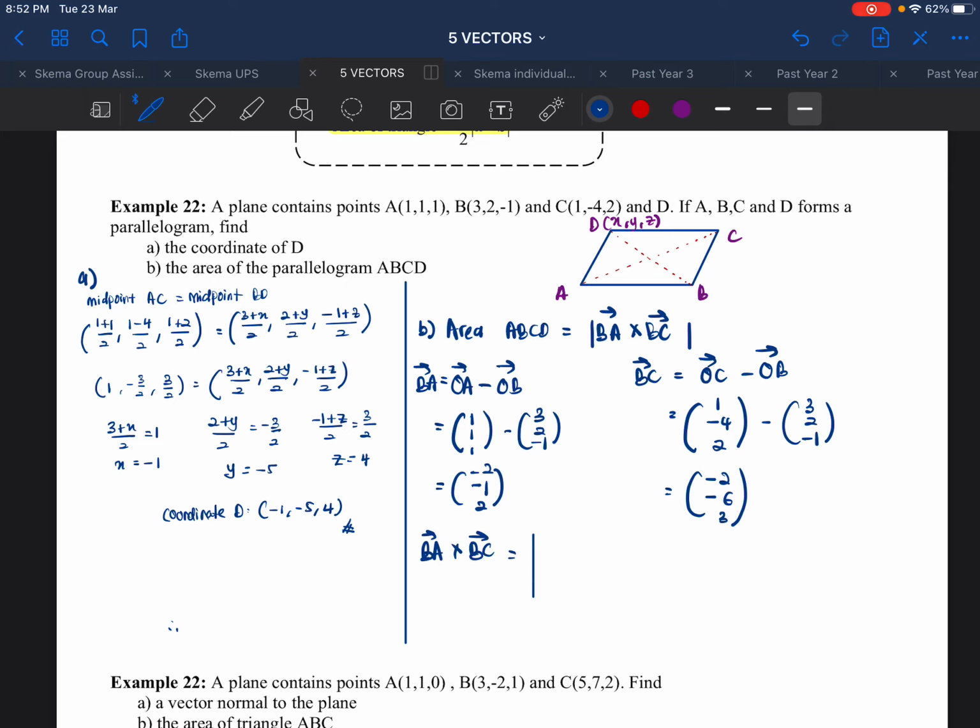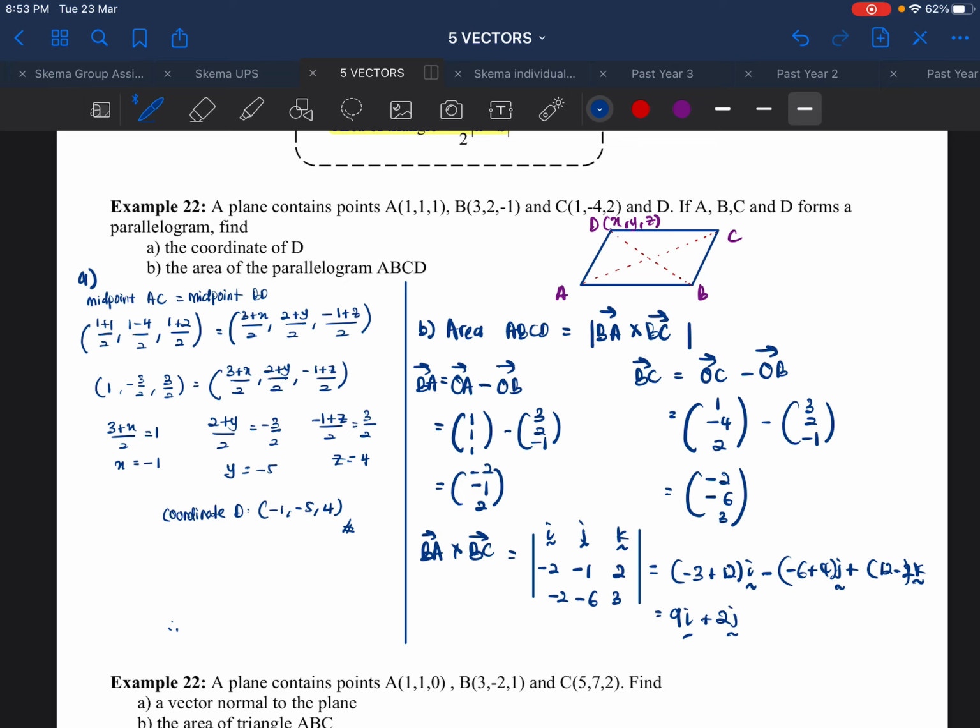We get, like what we did earlier, i, j, k. BA is (-2, -1, 2). BC is (-2, -6, 3). Calculating here, we get (-3 plus 12)i minus (-6 plus 4)j, and the last one, 12 minus 2, k. So you will get 9i minus (-6 plus 4), so we get plus 2j.